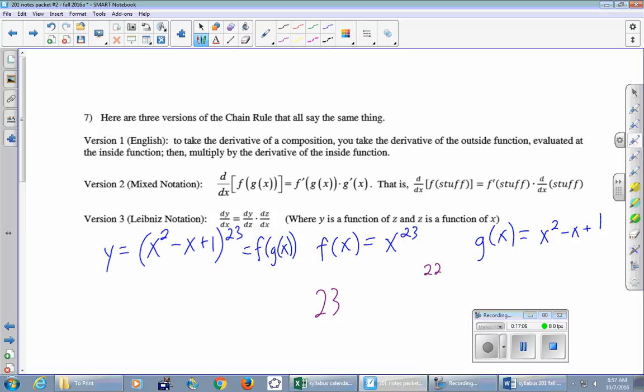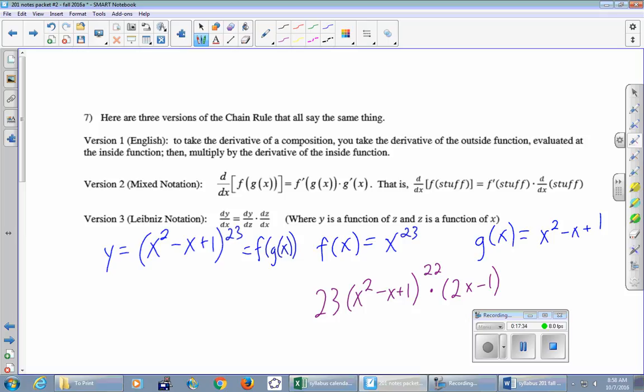We evaluated that thing at the inside function, x squared minus x plus 1. And then continuing after the semicolon, then multiply by the derivative of the inside function. Again, the inside function was g for us. Derivative of x squared minus x plus 1 is this 2x minus 1, okay? So hopefully we see the English agrees with what we actually did.